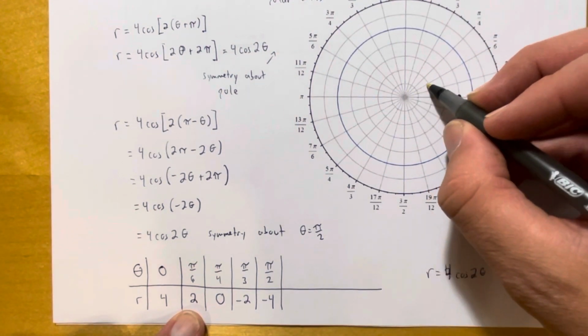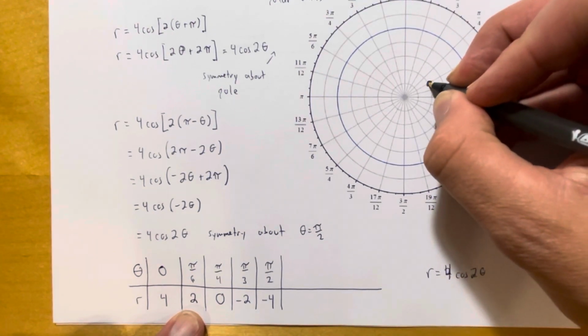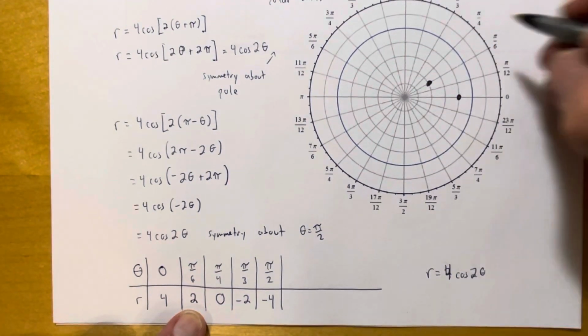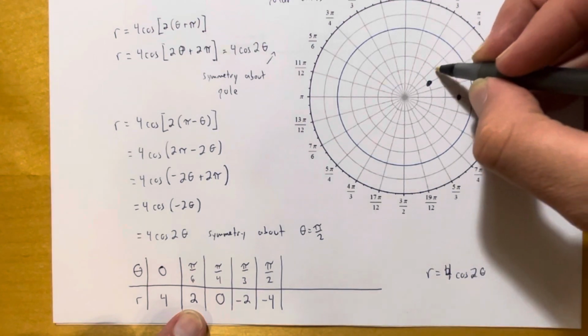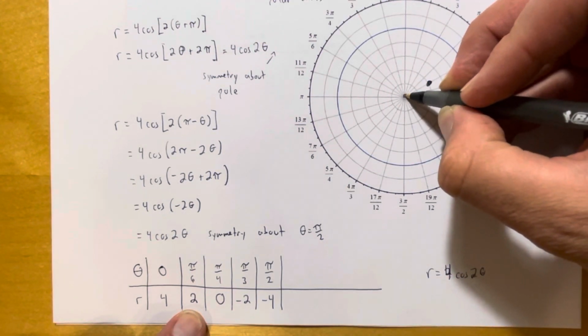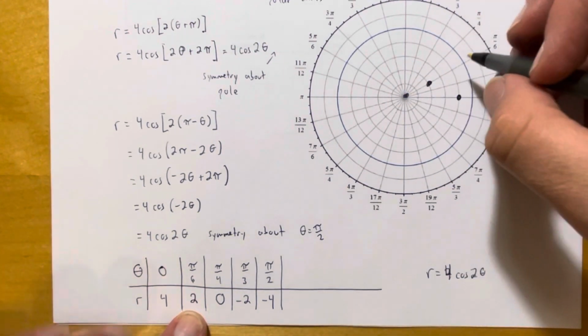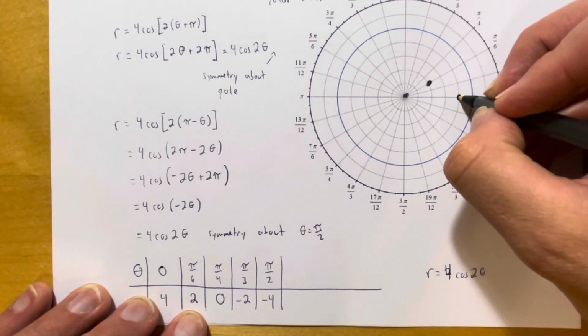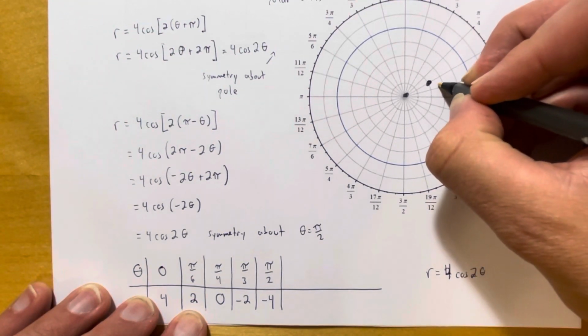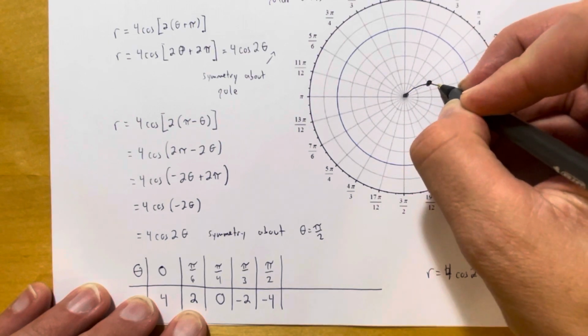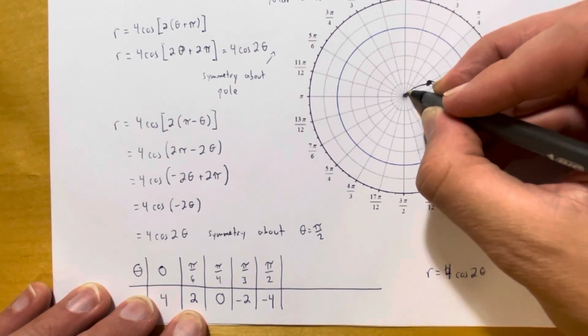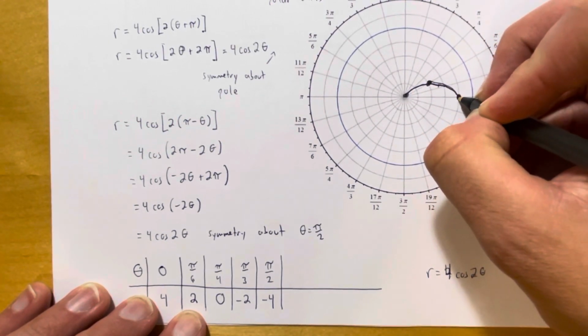So 1, 2. That would put me right there. When I get to pi over 4, here I end up at the pole. So here's what I'm seeing. I get this. I'm not drawing it very well, but I get something kind of like this, right?